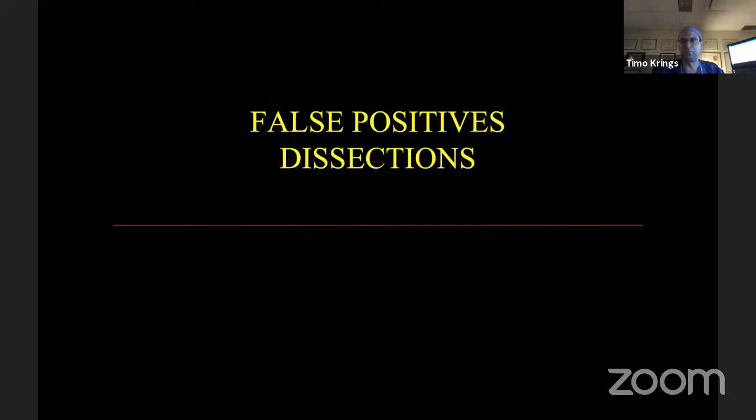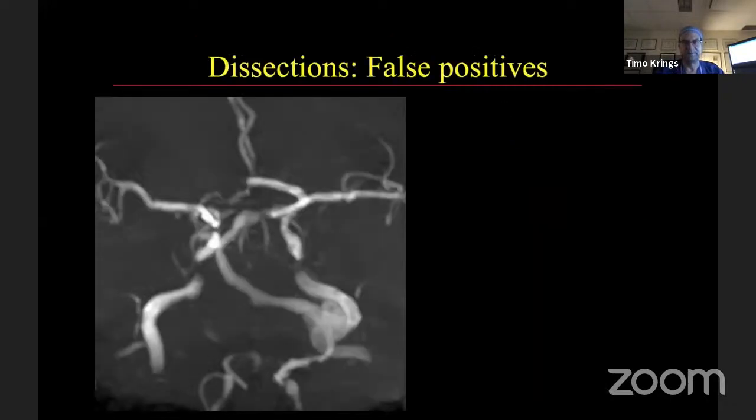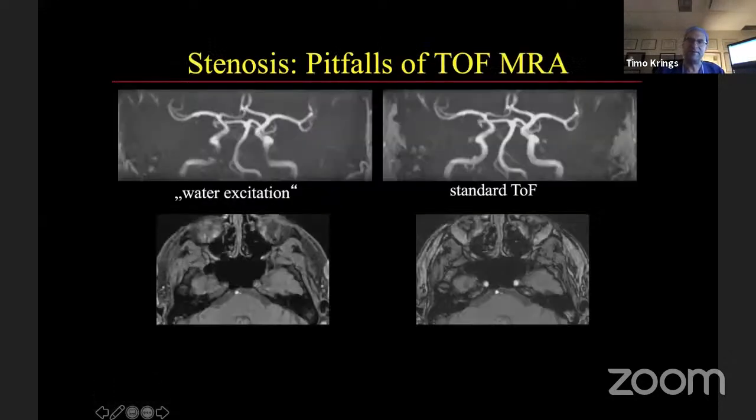What are the false positives of dissection? In this case here, the time-of-flight MR angiography looked as if we had bilateral high-degree stenosis or dissections. But when we look at the technique that was used, this was done with a so-called water excitation-based time-of-flight MRA, as compared to your standard time-of-flight MRA.